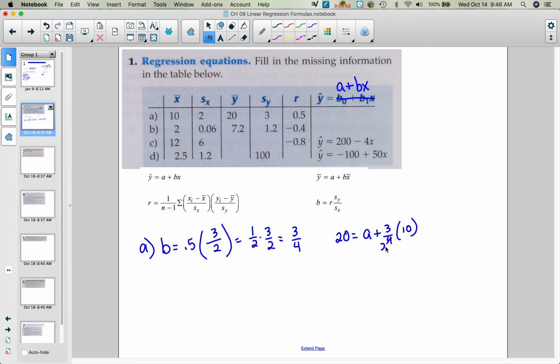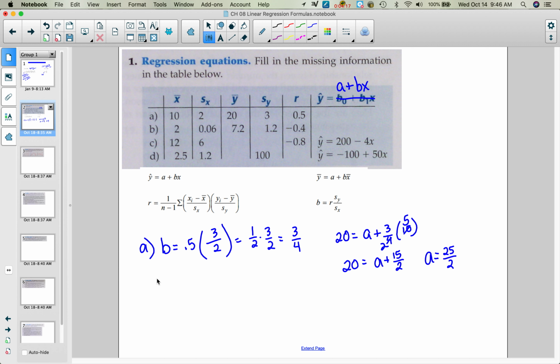So I can cancel a little bit here. So we have 20 equals a plus 15/2, and honestly, we can use our calculators. So we get 40/2 minus 15/2 is 25/2.